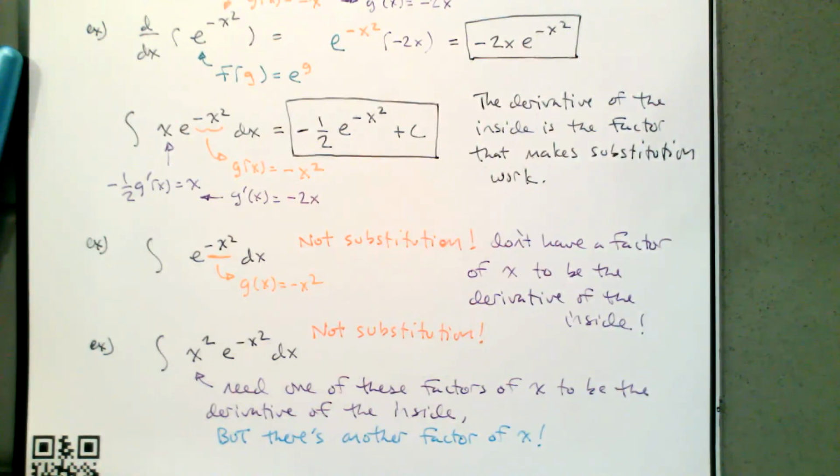If we want our substitution to be x squared, we need one factor of x to be the derivative of the inside. Here we have two factors of x, and that's too many. That'll leave an x left over. So this is not a substitution problem.